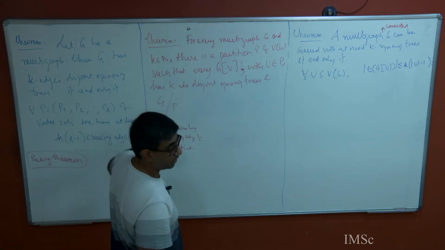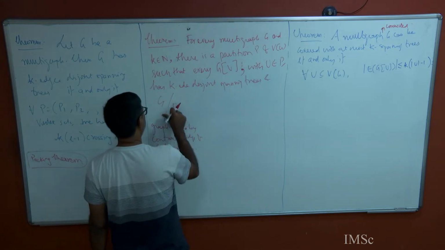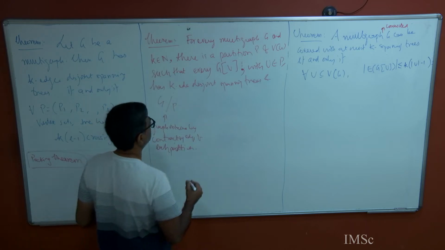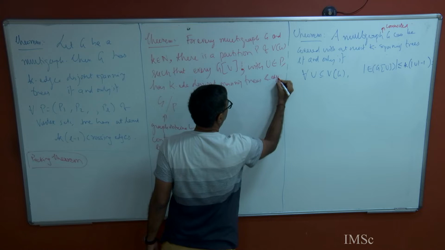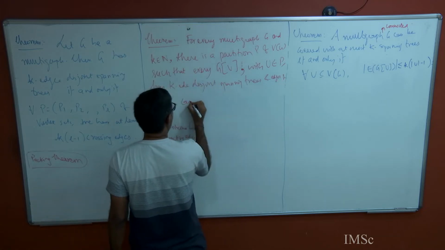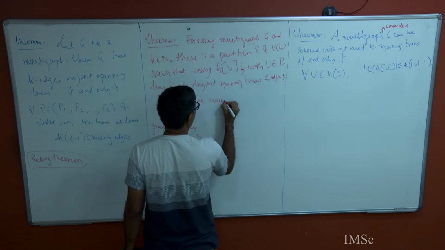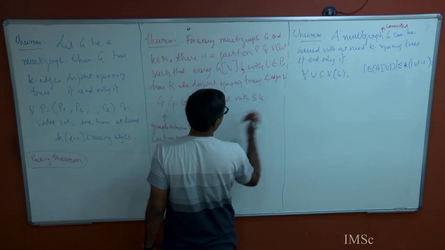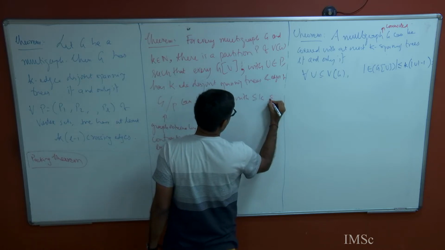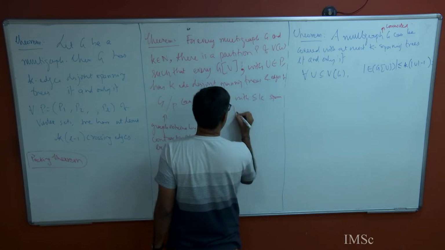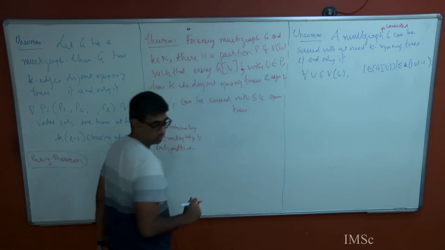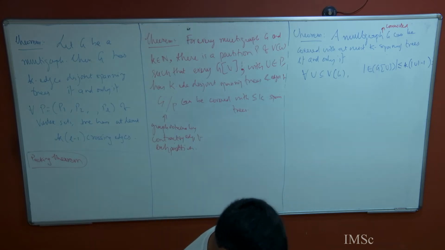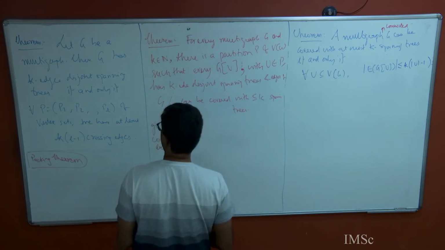And G/P has the property that the edges of G/P can be covered with at most k spanning trees. Okay, that's what it is.